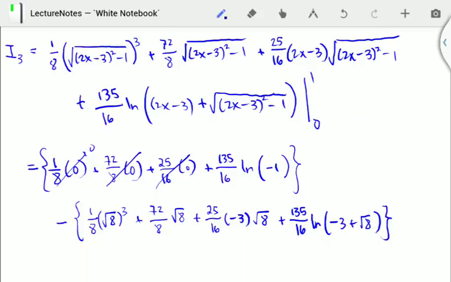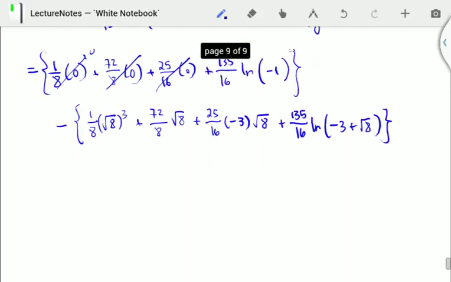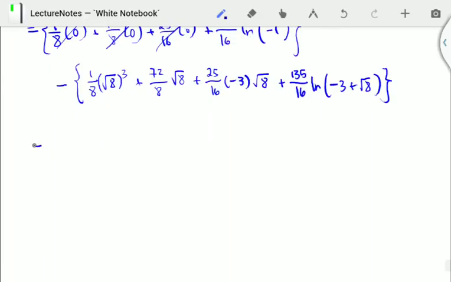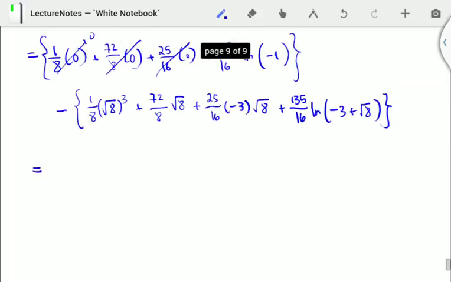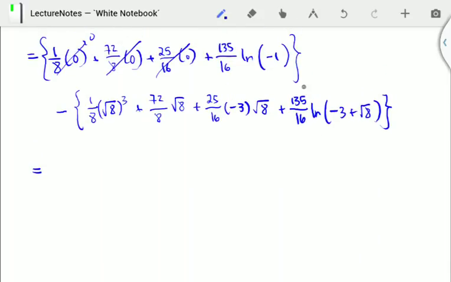Okay, and let's simplify that. This one will combine with this term. So let's have 135 over 16 multiplied by ln of negative 1 minus ln of negative 3 plus square root of 8.